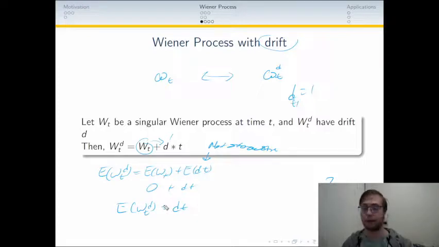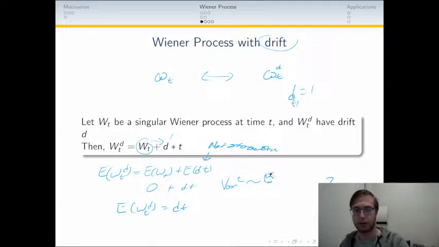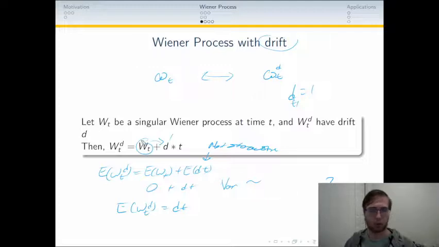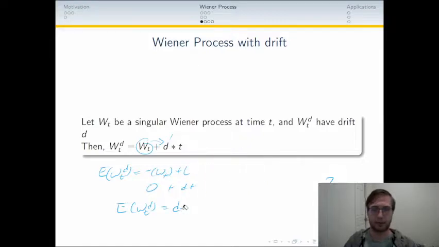Additionally, because that's not stochastic, we can do the same thing with the variance, which won't be such a nice calculation, but the variance is going to be similar to that of a normal Wiener process. And I will highlight, we will shortly see a way of thinking about the differences in a moment.